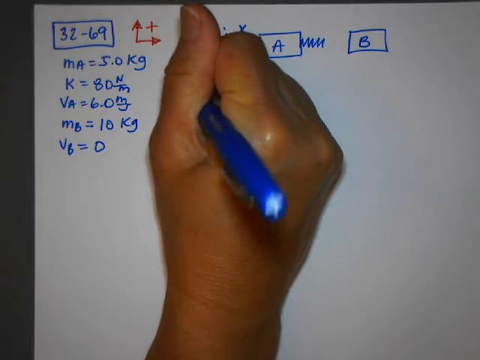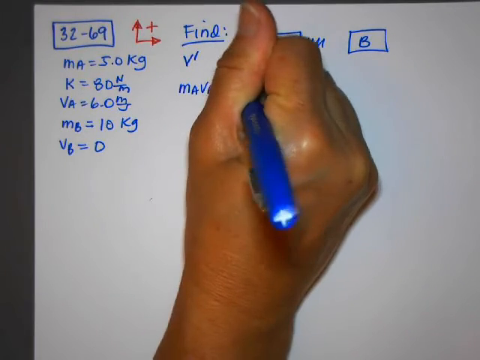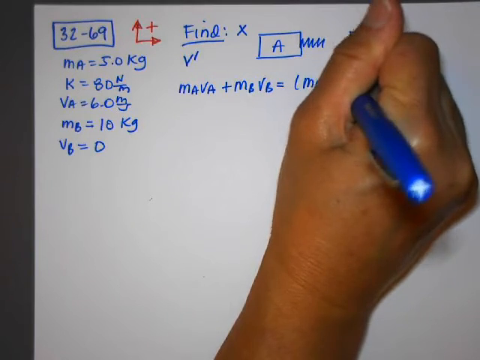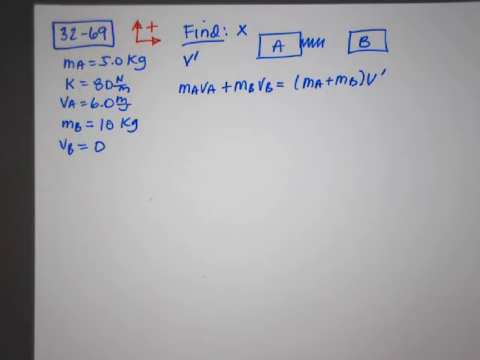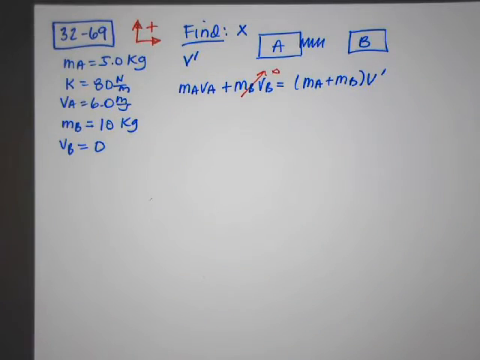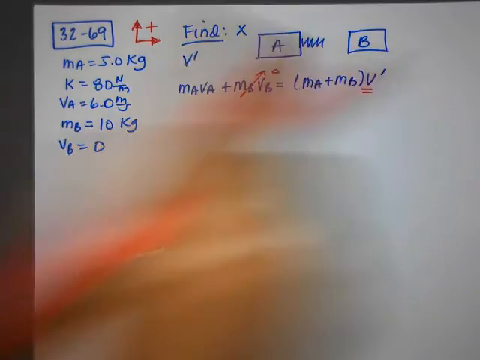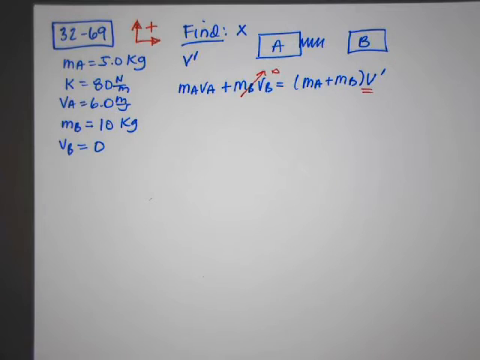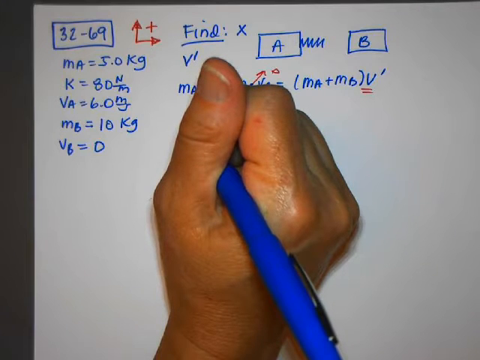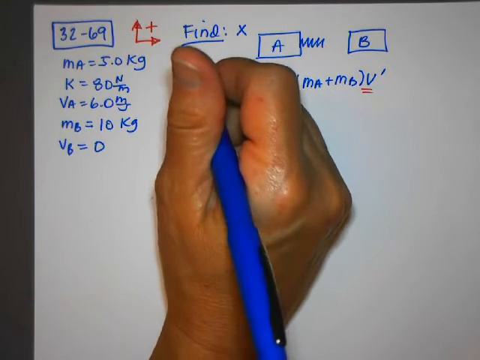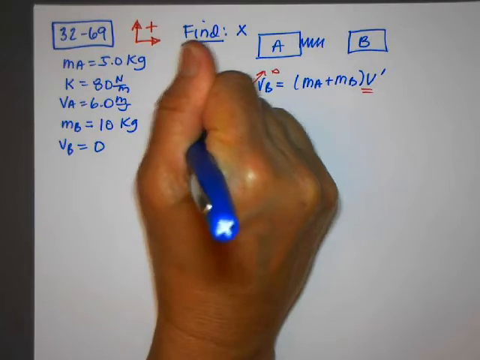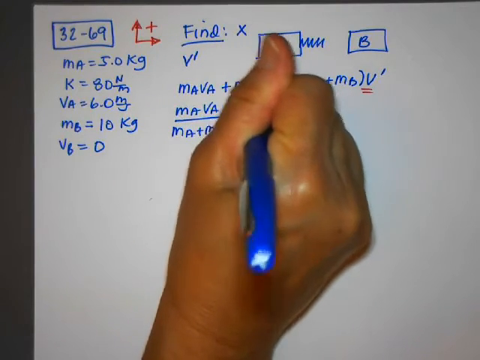So I have MAVA plus MBVB is equal to MA plus MB times V prime. This is 0. And I want to solve for the velocity the two of them are moving together with. So I'm going to have MAVA divided by MA plus MB is equal to V prime.